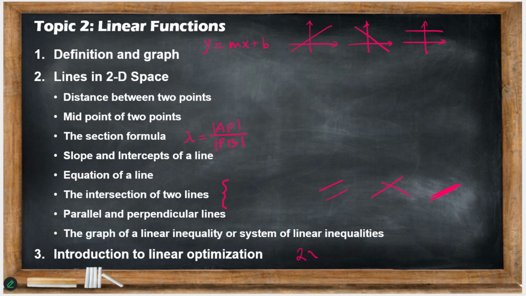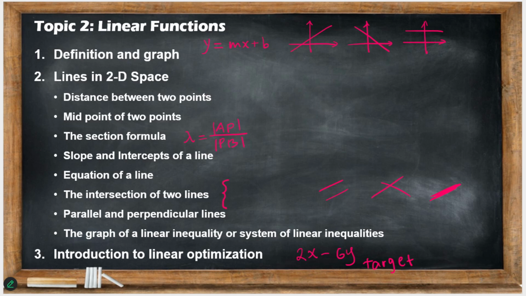If you have a linear target function such as 2x minus 6y, this is a target function. You want to either maximize it or minimize it within some bounded region. Usually, the optimized value can only be achieved at one of the vertices.